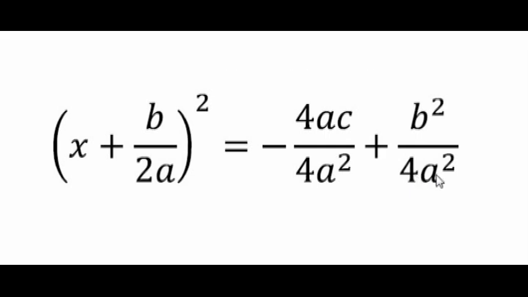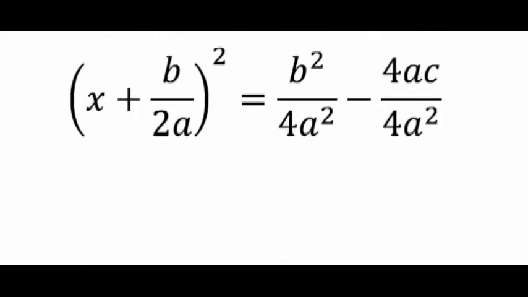Okay, so just to make it look a little bit nicer, a lot of times in algebra we don't like to have a beginning with a negative sign. I'm going to switch these two and put them together. And that looks like this.